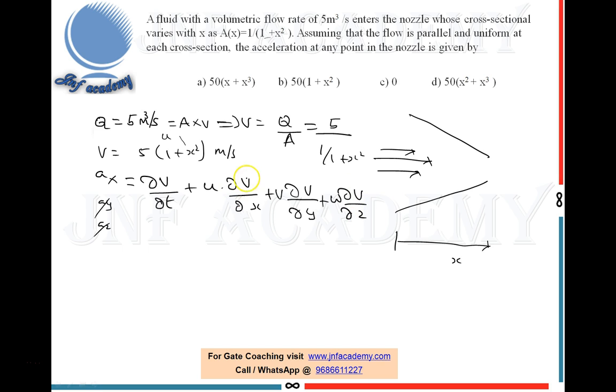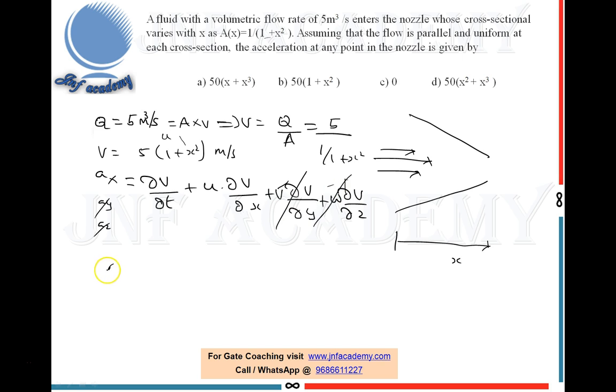But we know that v, w components are 0 here, right? We only have u component, so we can take all those things out now. It's a unidirectional flow, so these directions will go out.